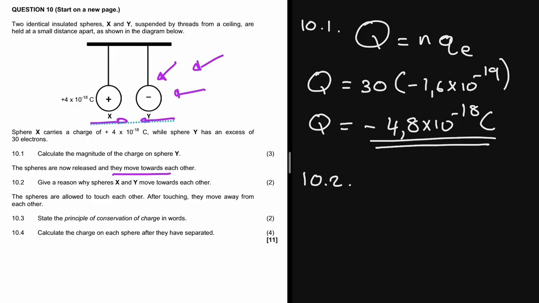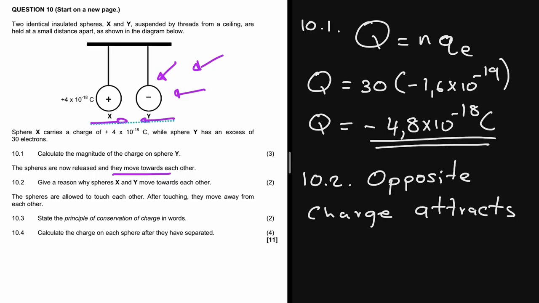So we just say, opposite charges attract. That is why they move towards each other. Remember, if they had the same charges, they would repel. So now they have opposite charges, so they attract. That is how you would answer question 10.2.